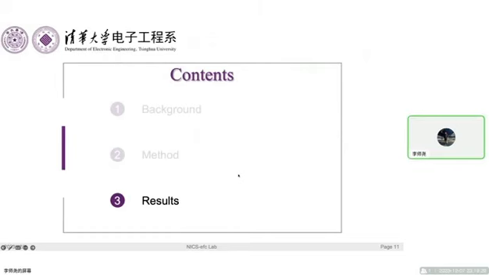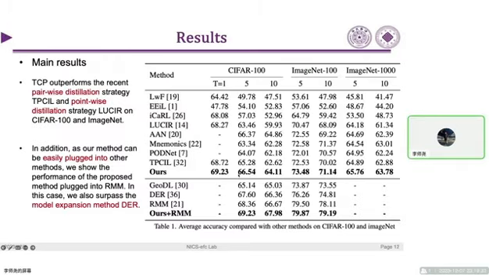Third, I will introduce the experimental results. For the main results, TCP outperforms the recent SOTA pairwise distillation and SOTA pointwise distillation on CIFAR and ImageNet. In addition, as our method can be easily plugged into other methods, we also plugged our TCP into RMM, and in this case, we can also surpass model expansion methods like DER.